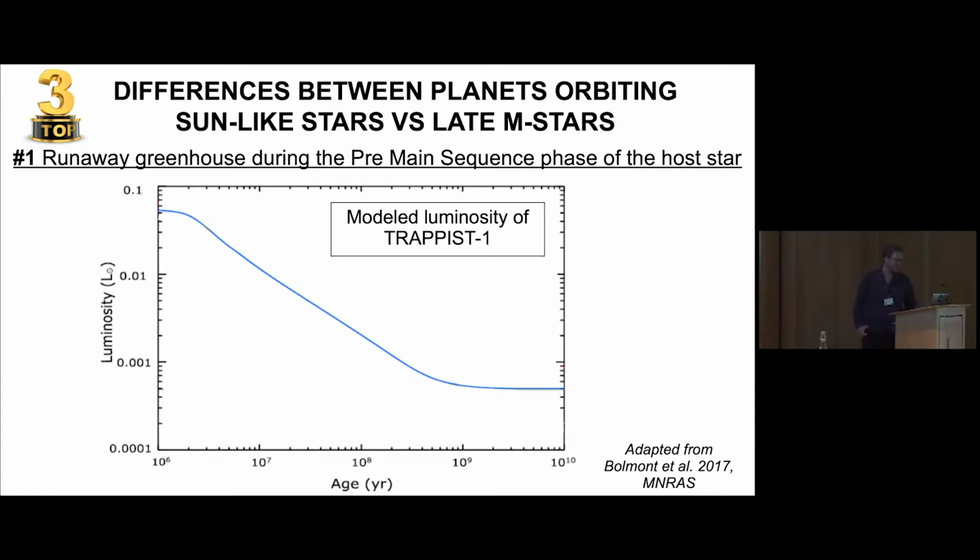Due to the long extension of what we call the pre-main sequence phase, in which the star tries to contract and get rid of its initial accretion energy, the planets of the system are expected to be much more highly irradiated, pushing most of the volatiles and potentially even water into the atmosphere of the planet.